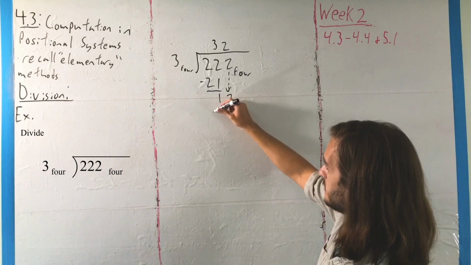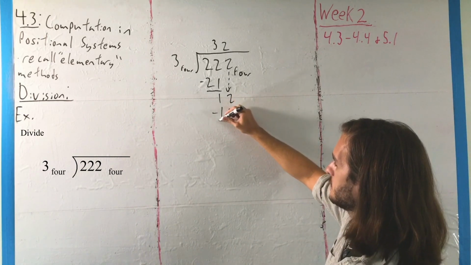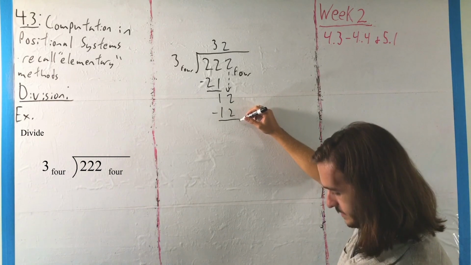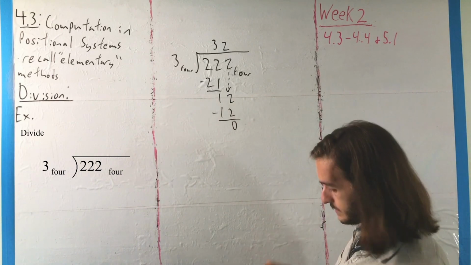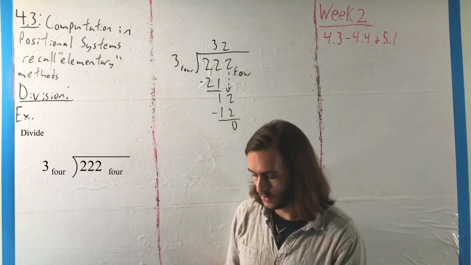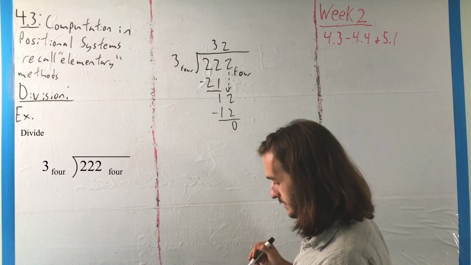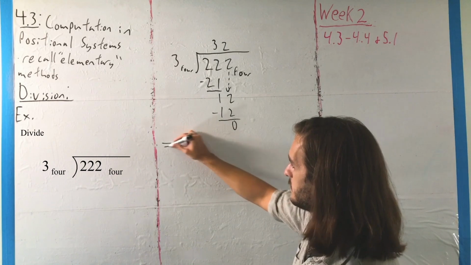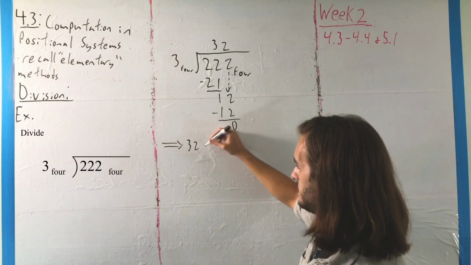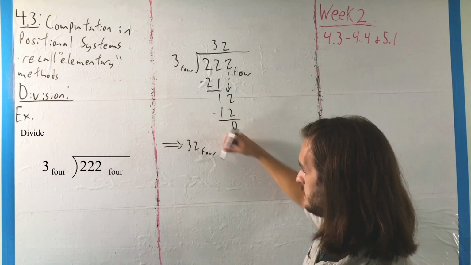But anyway, this is going to end up being another 2, so thankfully here we get a remainder of 0, and we will have that our answer, our dividend that we're looking for, is 2 in base 4.